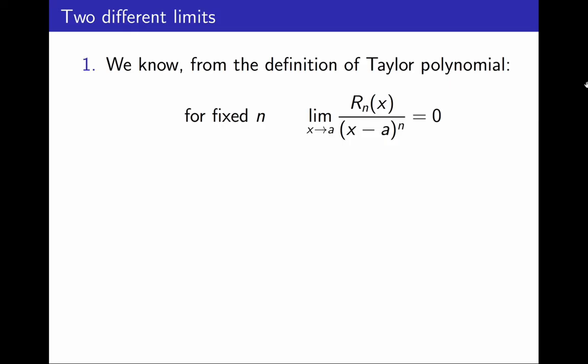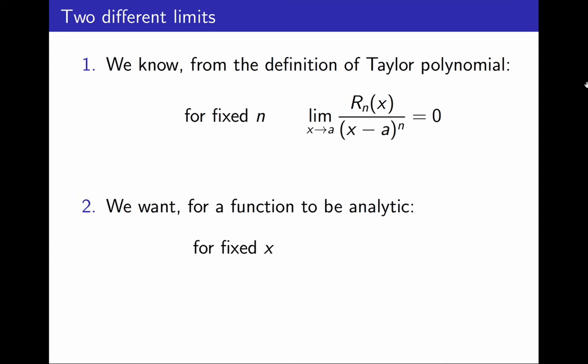That is what we knew. But in order to prove that a function is analytic, I need to look at a different limit. I need to fix x, and then I need to take the limit as n approaches infinity of the remainder, and I need that limit to be 0.